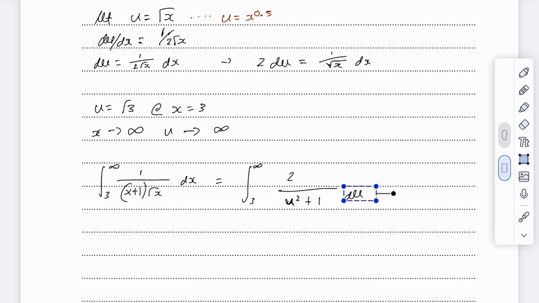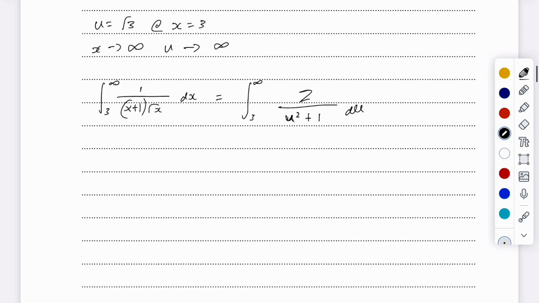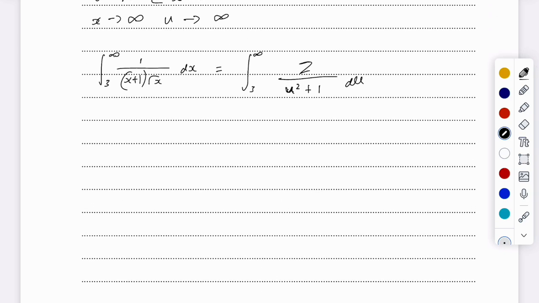In other words, du over here, 2 over here, and we could put 1 over there if you wanted to. Let's put 2 here just to keep it all together. Okay. And so from here we can then say, all right, well, this can become 2 arctan u, right? Because according to your trigonometric integral identities, this is true. Okay, between infinity and root 3.